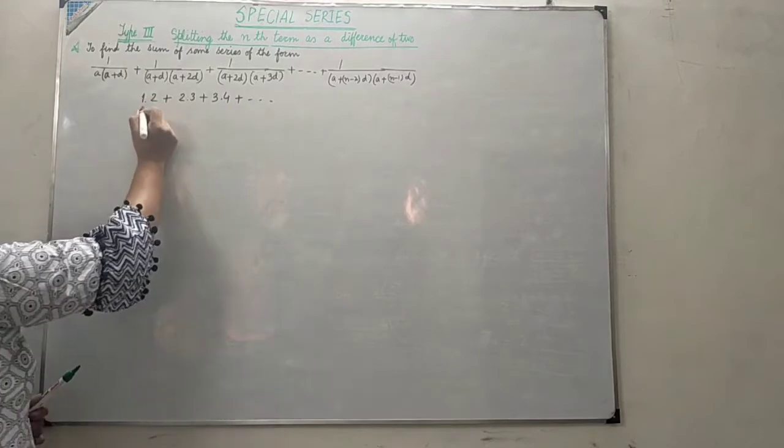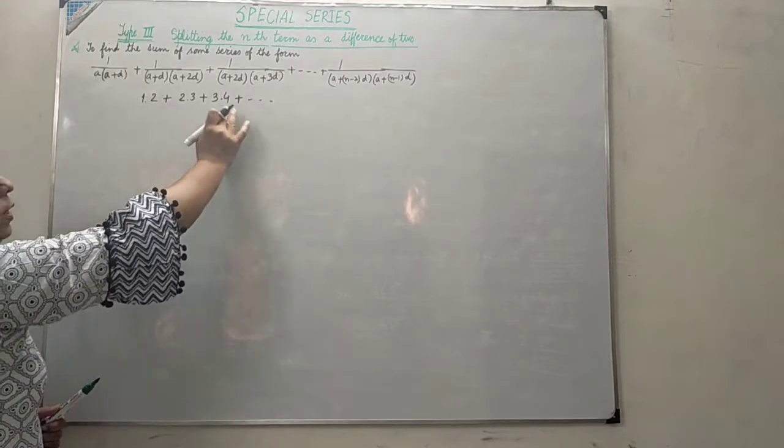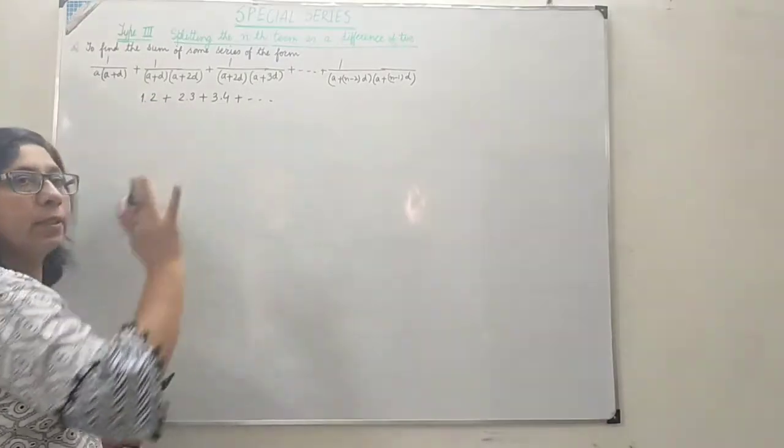Say if we are having this series 1 into 2 plus 2 into 3 plus 3 into 4, we can take Tn simply.